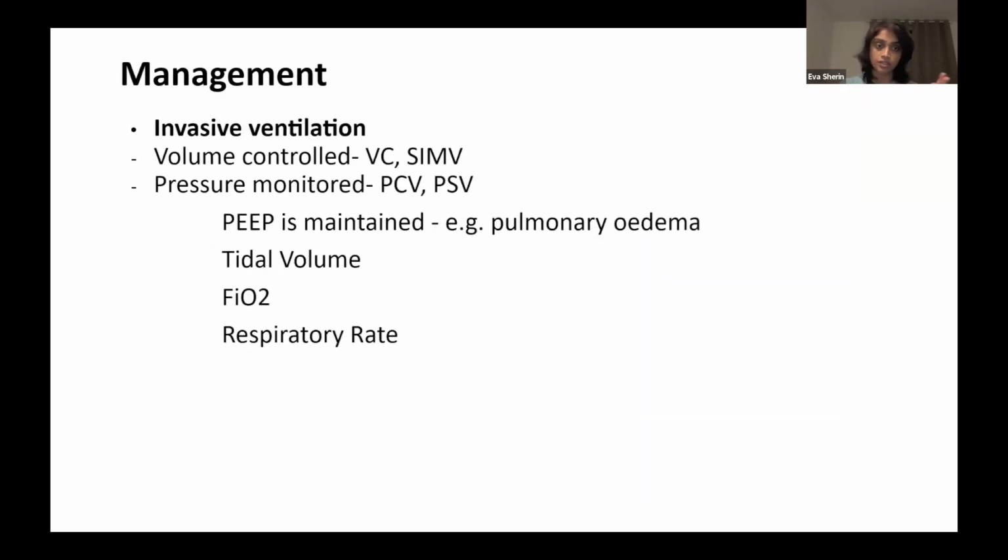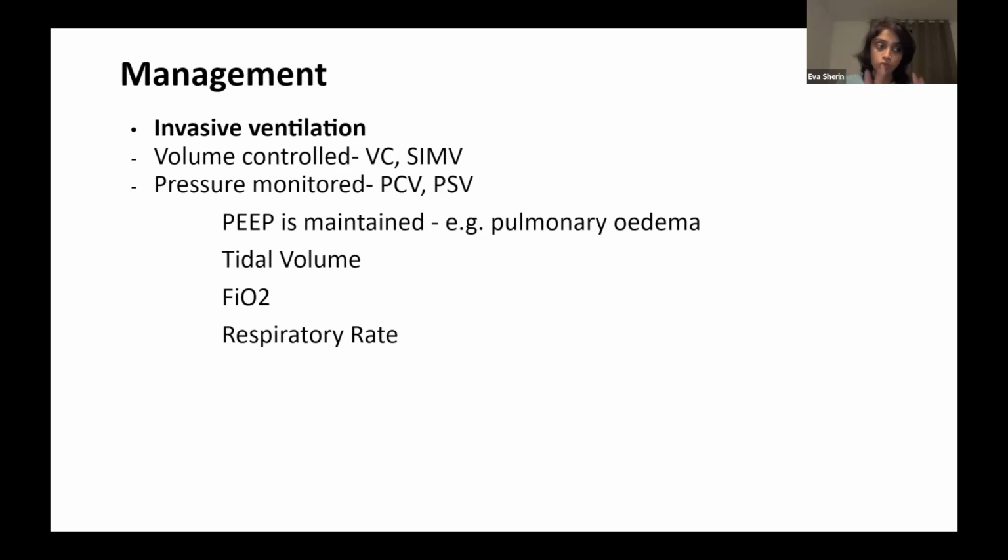And invasive ventilation: you've got your volume controlled and pressure controlled ones. Volume control is when a particular volume of inspired air is always maintained in your lungs. So you've got your volume control and your SIMV. Volume control is used when, suppose, you've paralyzed the patient, or fully sedated the patient, or the patient has some neuromuscular disorder where the muscles are not actively taking part in ventilation.